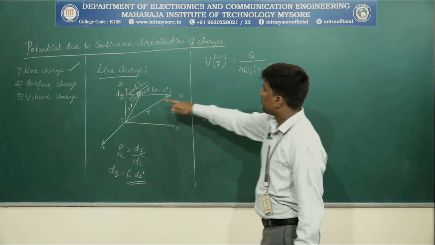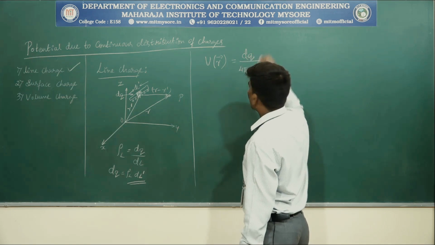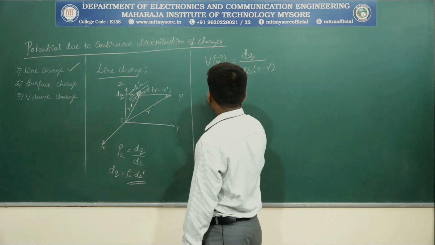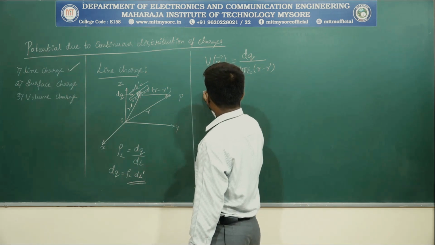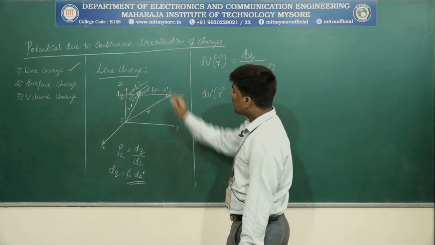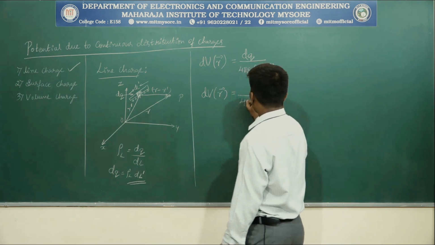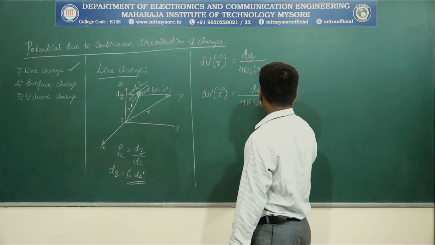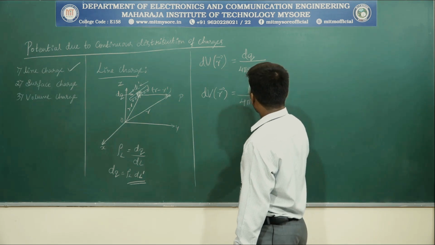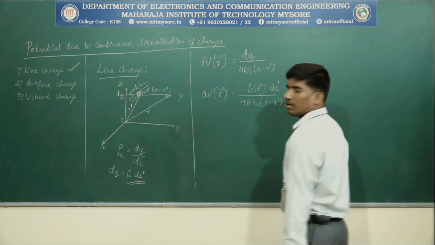So what is the charge at this particular point? dq is the elementary charge. Now what is dq? dq is equal to rho L into dl dash. Then the elementary potential dV at that elementary point is given by dq divided by 4 pi epsilon naught into |r minus r dash|. Then dq is replaced by rho L dl dash.